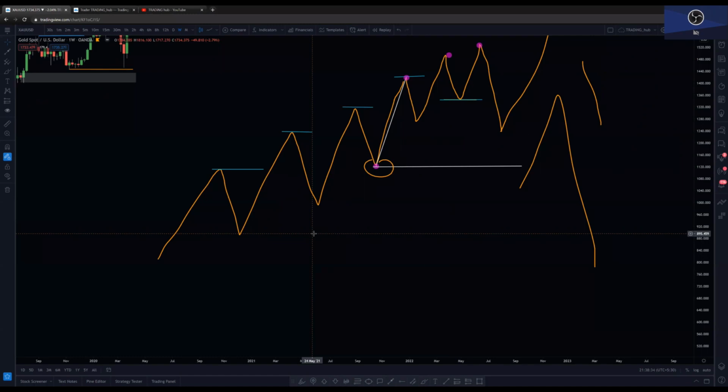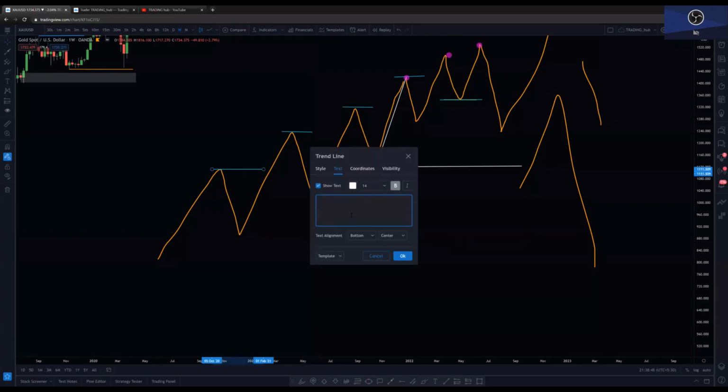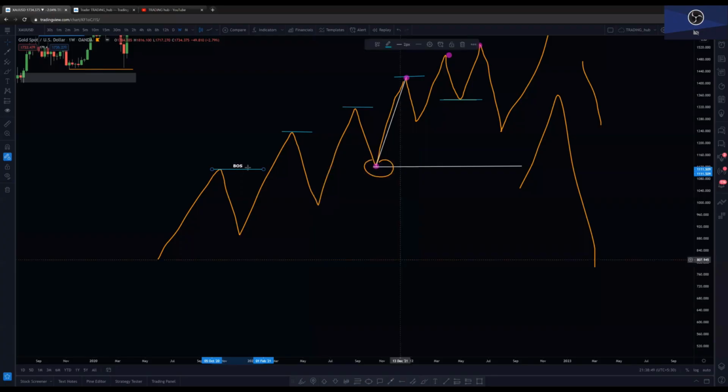So what is BOS? BOS means break of structure. When the market breaks a high or low during trend reversal and trend continuation, that is called break of structure, similar to this, and this one is also BOS. Because the market broke this previous high and created a new high and then took a pullback and pushed higher.